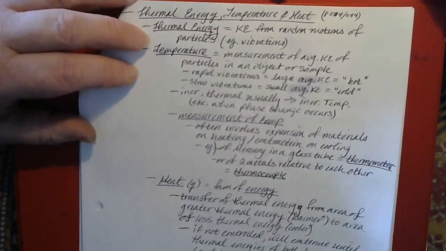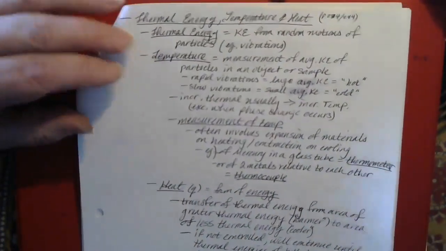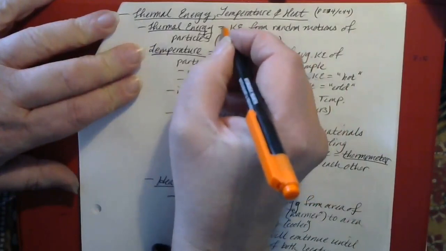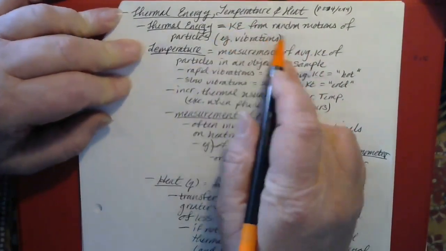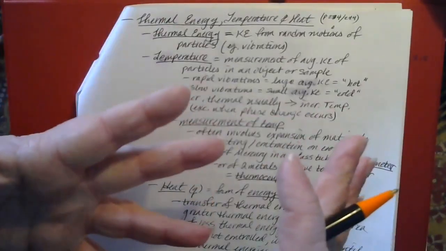All right, so to move on to some deeper definitions here, things like thermal energy and temperature and heat and how they relate to each other. This is on page 234 in the hard copy or 244 in the PDF. Thermal energy is just the kinetic energy from the random motions of the particles in a sample or a substance.